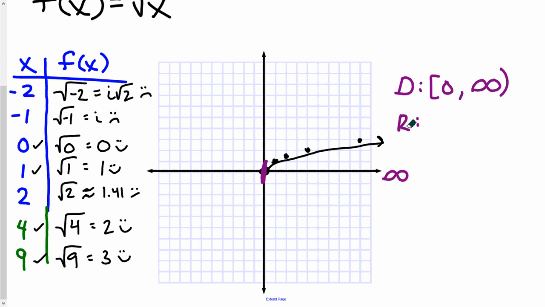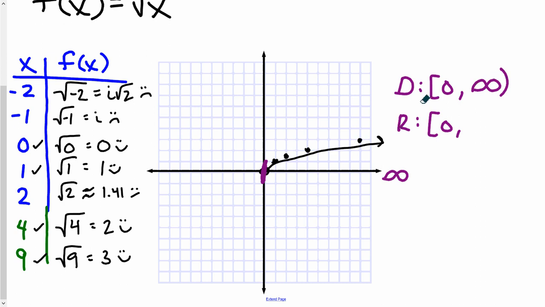Okay, the range is similar, but it's all about the output values. So if we look at the output values, the first output value I see is 0. When I look at the graph, I see that no part of the graph passes below the y-axis where it's 0. So the range is also starting here at 0. But as we look, each one of these values is above the one that came before it.